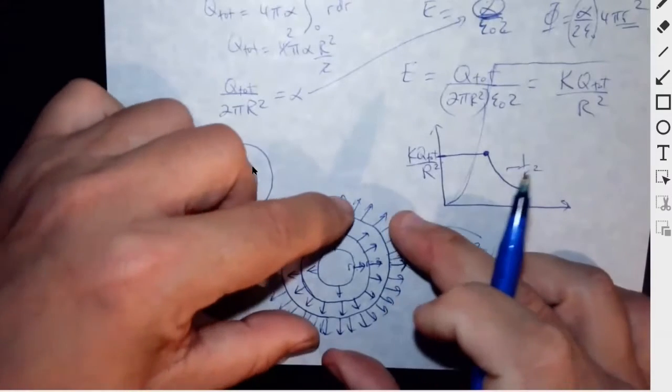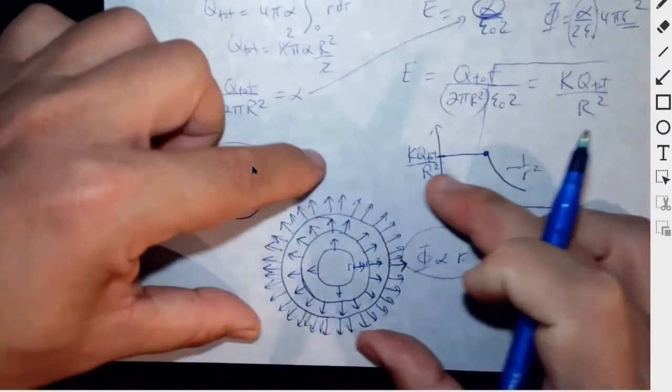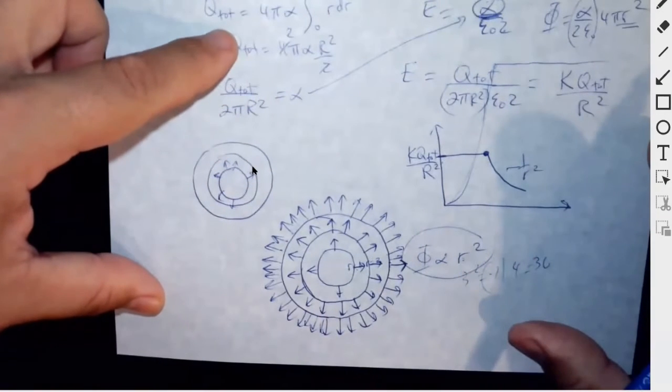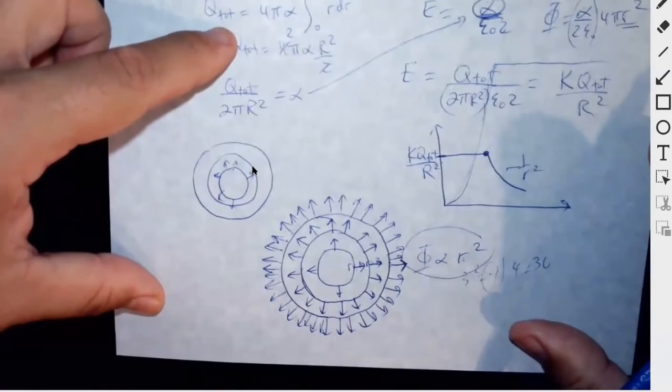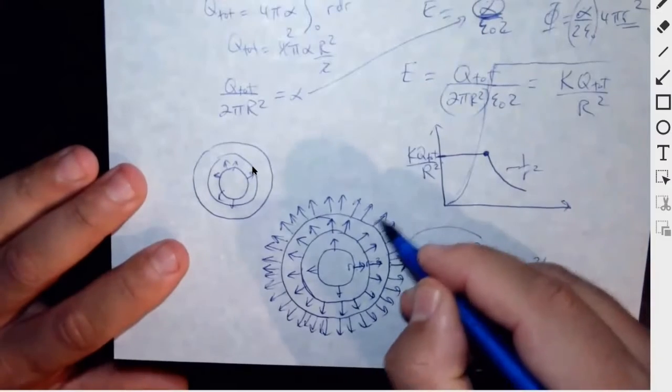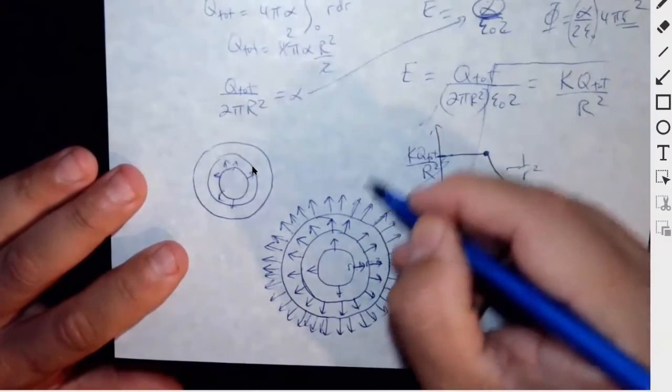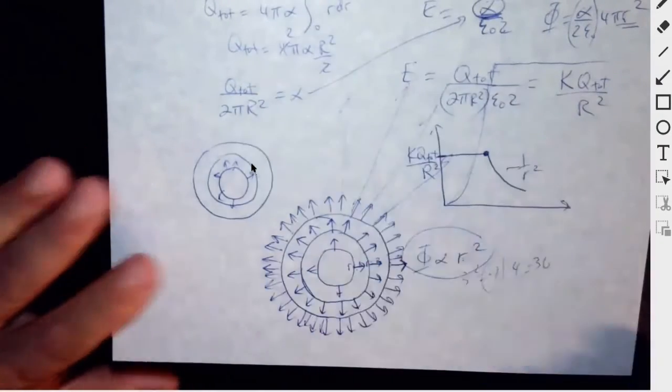Now, if I'm truly representing this, these lines are the ones that go to infinity. I shouldn't introduce new lines there, you see. So it just keeps going, keeps going, keeps going, like that.